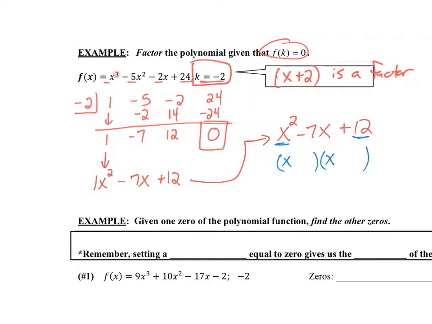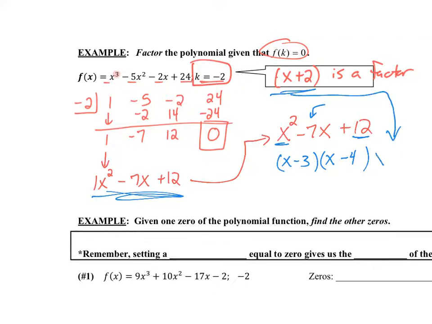We could try 3 and 4, 6 and 2, or 12 and 1. But remember, we want to get negative 7, so we're going to use minus 3 and minus 4. So we factor this polynomial that we got from doing synthetic division, and we end up with x minus 3, x minus 4. Now we have to bring down our last part.